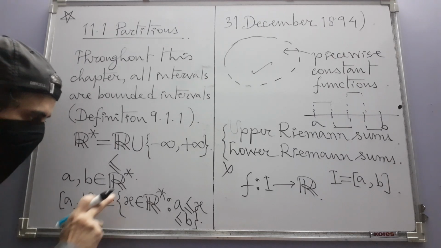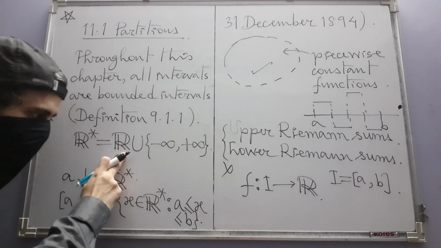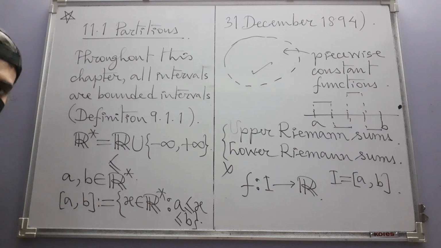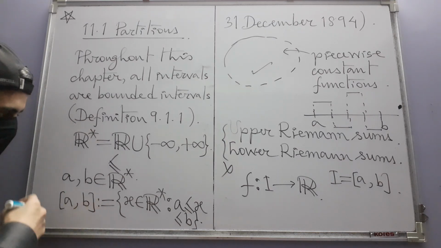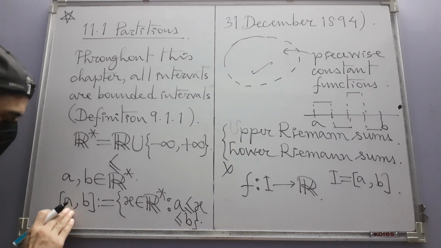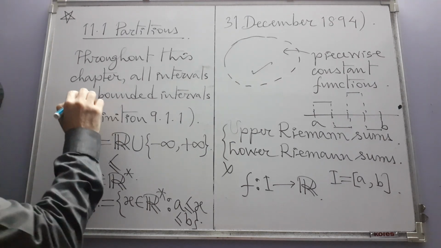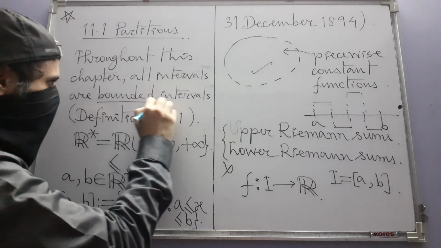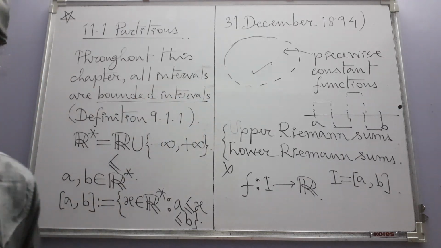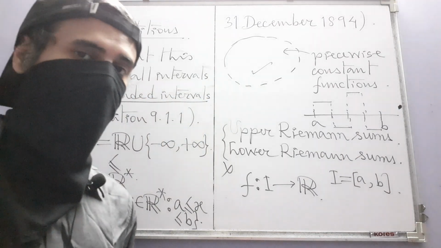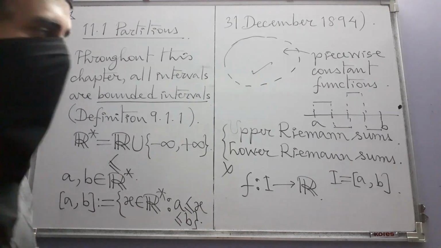It may actually be a subset of R itself, or it may even be empty. All of these things depend entirely on what A and B themselves are. Now, by a bounded interval, we mean that A and B are real numbers.